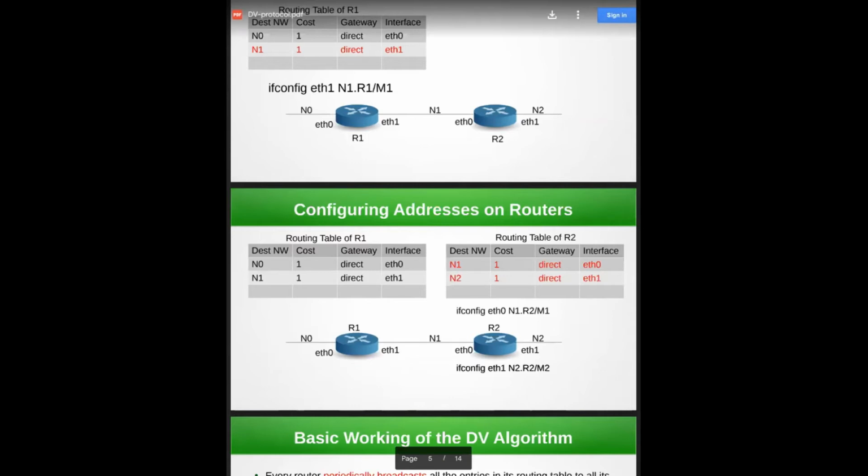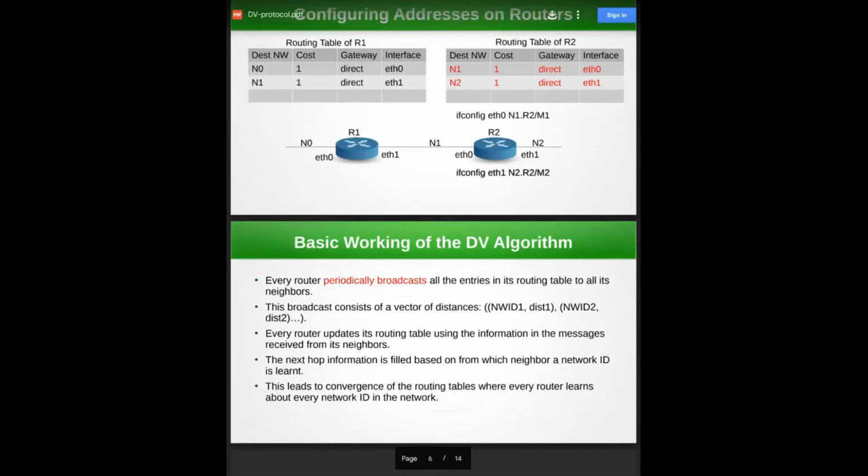In the ICMP discussion and the forwarding discussion, we added these entries manually using the route command. That's how the routers came to know about the networks which are not directly connected to them. But let's look at what the distance vector algorithm does. Every router periodically broadcasts all the entries in its routing table to all its interfaces or neighbors. Here we are taking a very simple topology where R1 has two interfaces only.